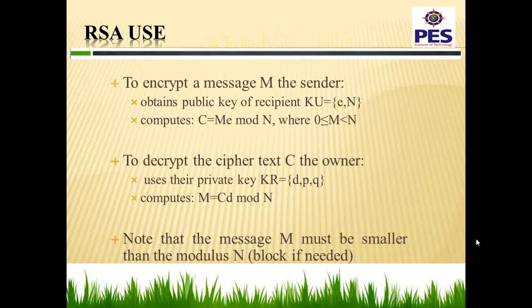To decrypt the message, the receiver uses the private key, so he must know the decryption key, and decrypts the message using n. The message m must be smaller than the modulus n. That is the condition that must hold.